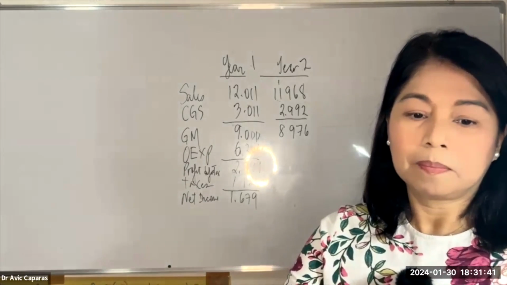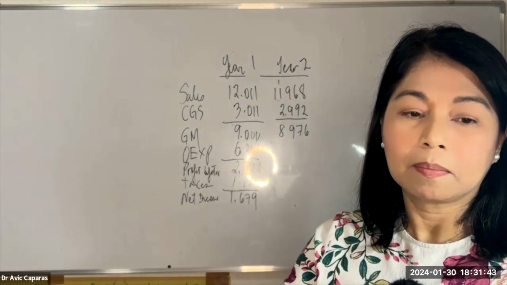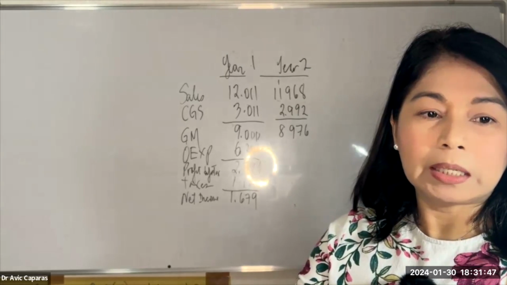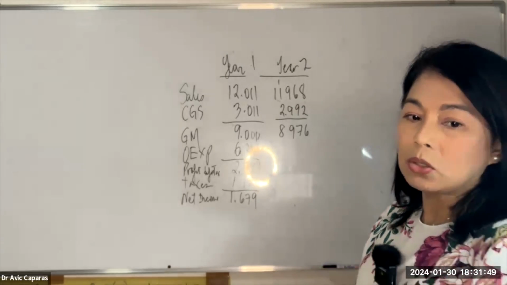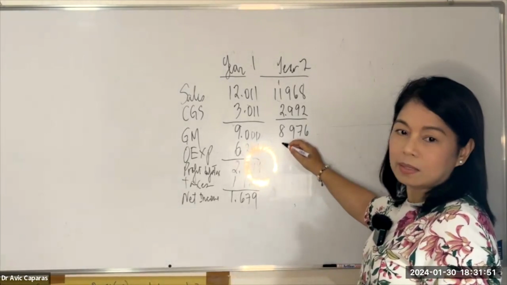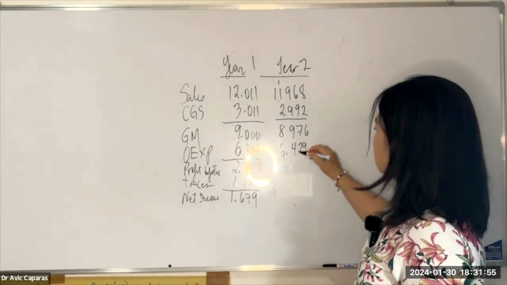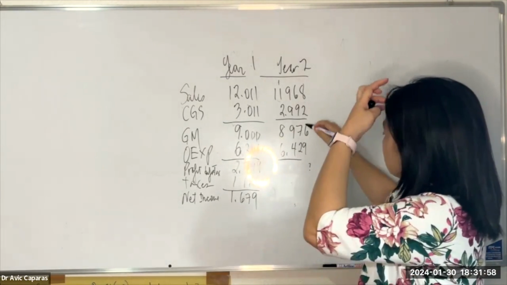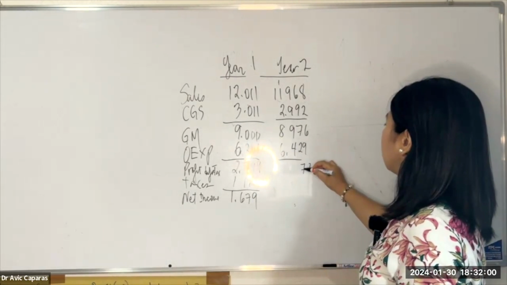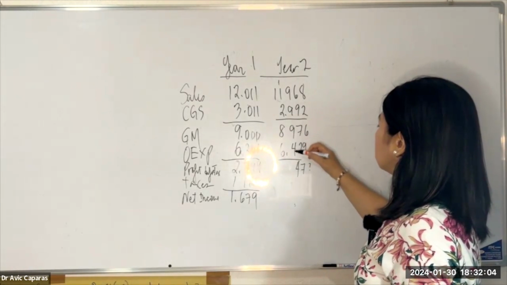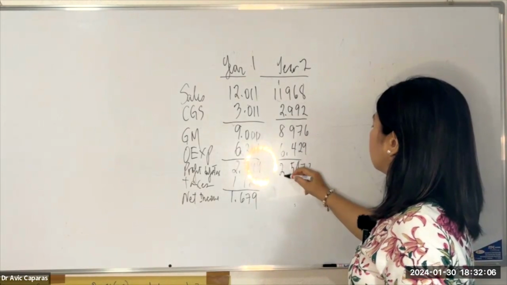Yes, Dong. 11,968. Thank you, Jillian. Okay, so deduct the expenses of 6,429. So that is the question mark here. 16 is 7, 6 minus 2 is 4, 9 minus 4 is 5, 2, 5.